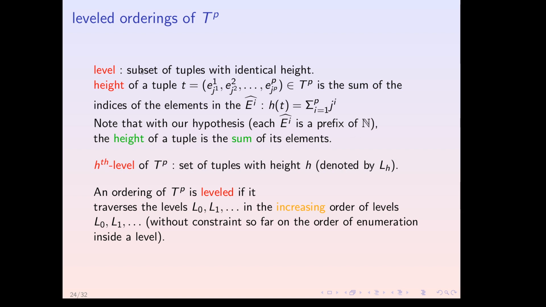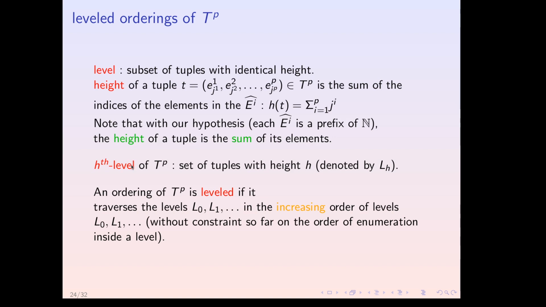So the level will be a subset of tuples with identical height, and the height of a tuple will be the sum of the indices of the elements in the tuple. Note that in our case it's going to be just the sum of the elements of the tuple.